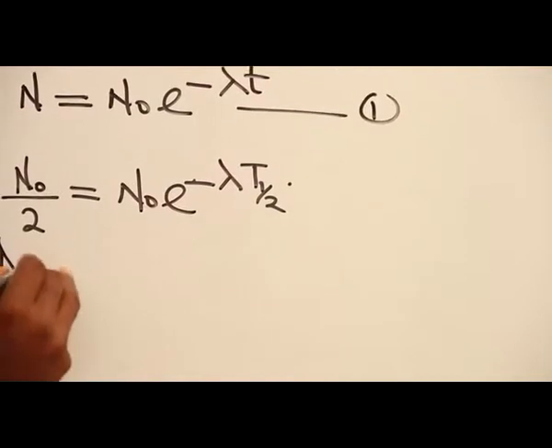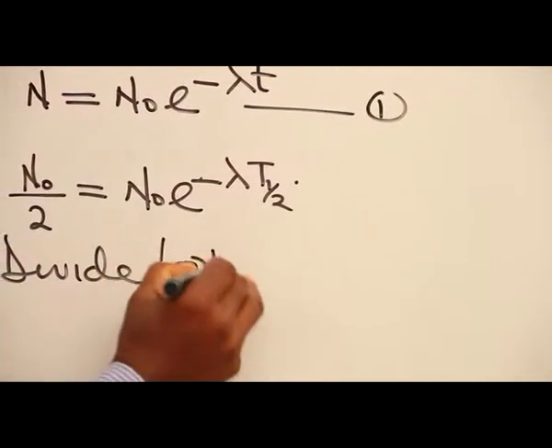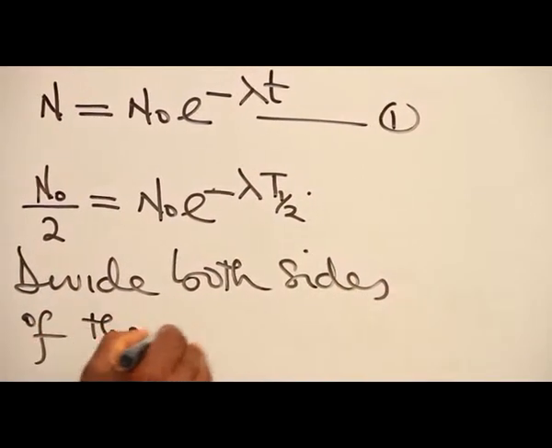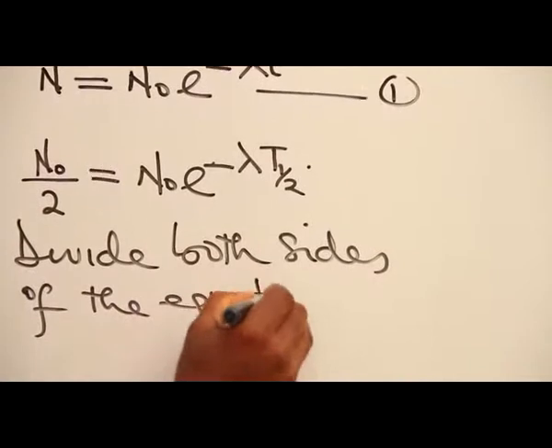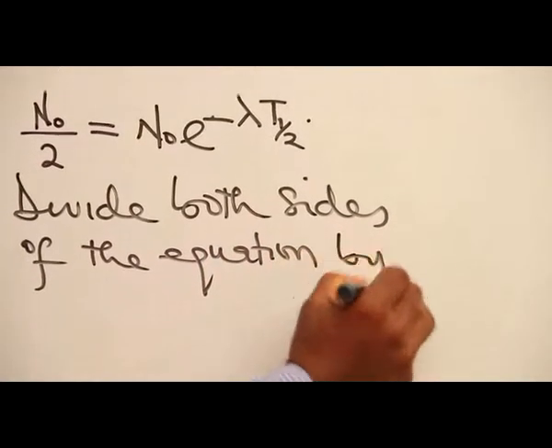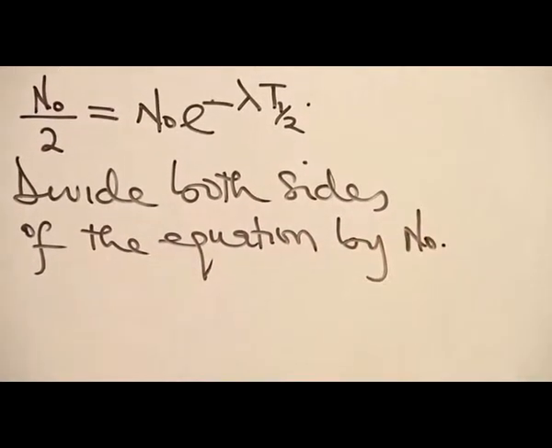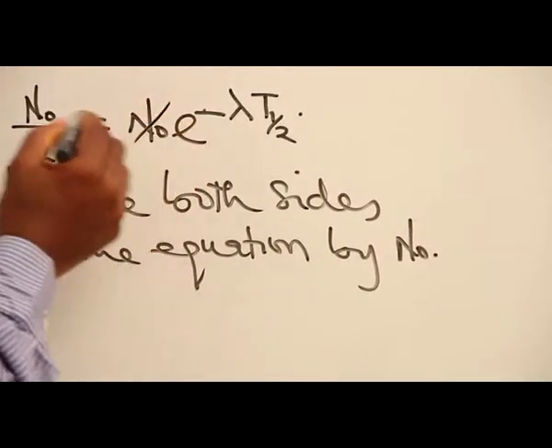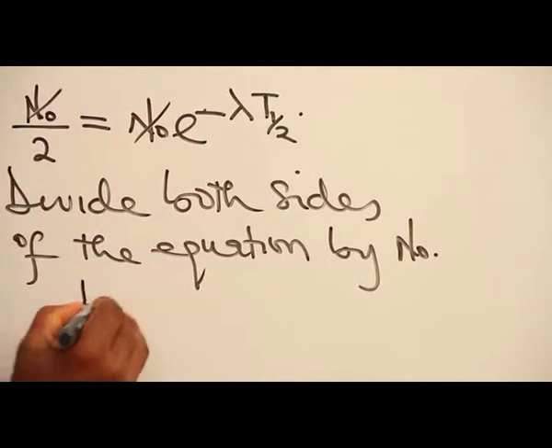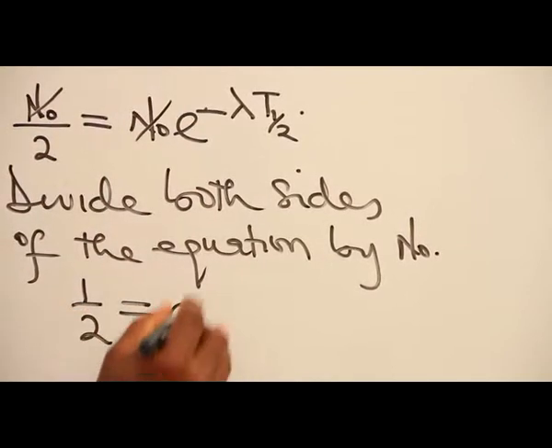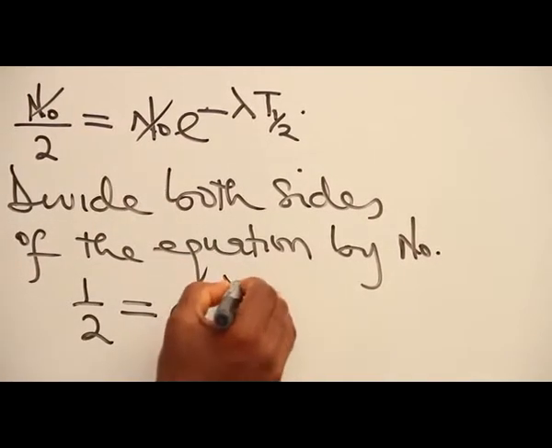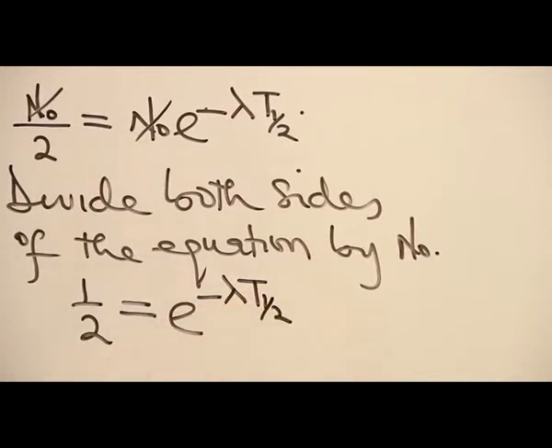Divide both sides of the equation by the initial number of atomic particles, n sub 0. If we do that, we now have half on the left hand side being equal to e raised to power minus decay constant times half-life.